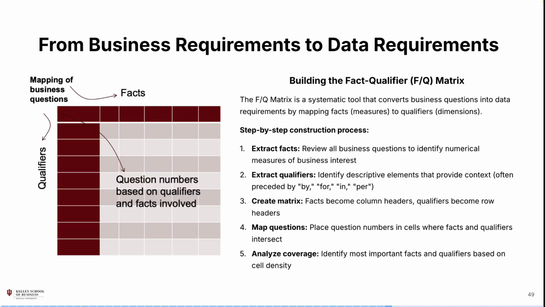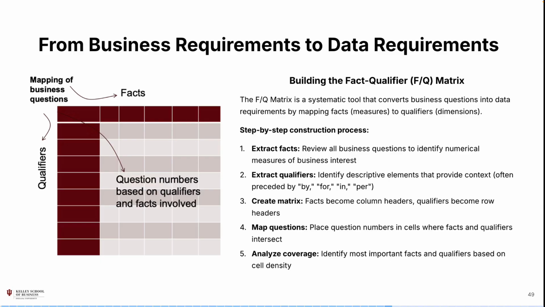Now let's talk about the Fact-Qualifier Matrix. The Fact-Qualifier Matrix is a systematic tool that can convert business questions into concrete data requirements. This involves a step-by-step construction process. First, we extract the facts, which requires identifying numeric measures of business interest, for example, how many trips or how much money was spent.